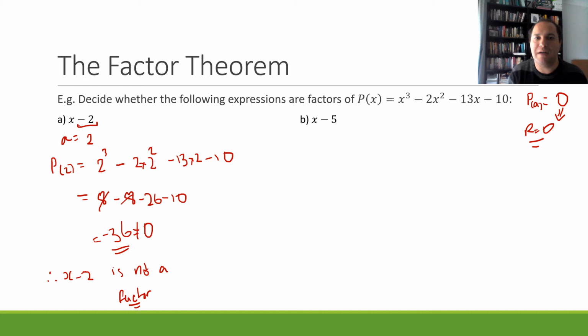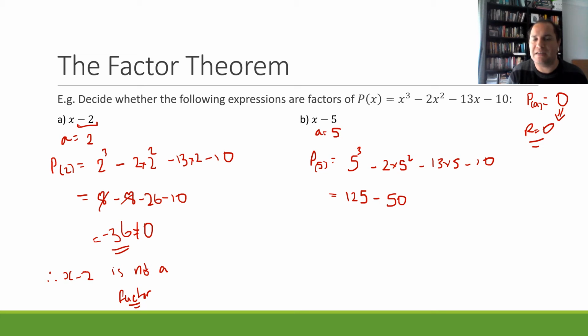All right, let's try the next one. Let's say a this time equals 5. The value of our polynomial at 5 equals 5 cubed minus 2 times 5 squared minus 13 times 5 minus 10. 5 cubed is 125, minus 5 squared is 25 times 2 is 50.